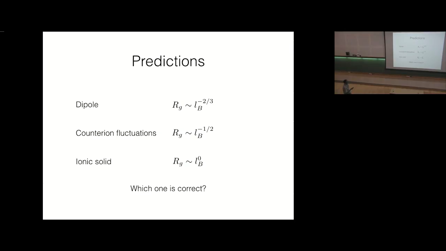For the dipole theory, it is Lb to the minus 2/3. This one says minus 1/2, and this one says Lb to the 0. The question is, can we test this and rule out one or the other? So we'll use molecular dynamics simulation to test this. A priori, it's not very clear whether these small differences in exponents can be found out using MD simulations or not.